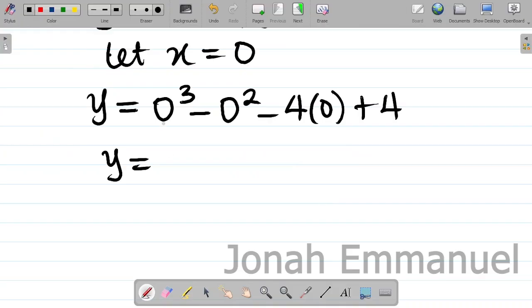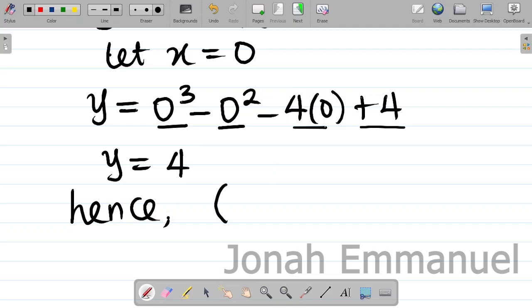This gives 0 minus 0 minus 0 plus 4, which is 4. So hence, our first coordinate is: when x is 0, y is 4.